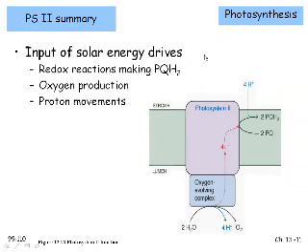So this is sort of a summary diagram of photosystem 2 embedded in the thylakoid membrane. It's going to be able to absorb energy here and strip electrons.